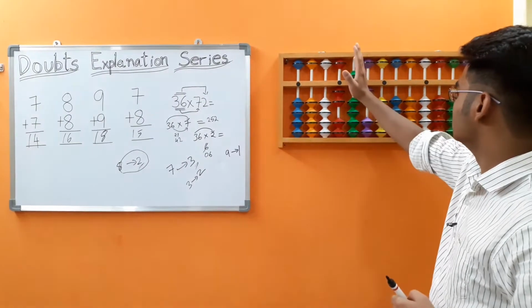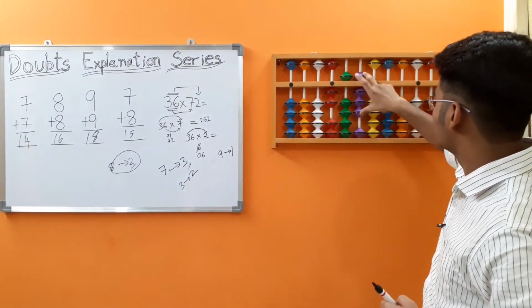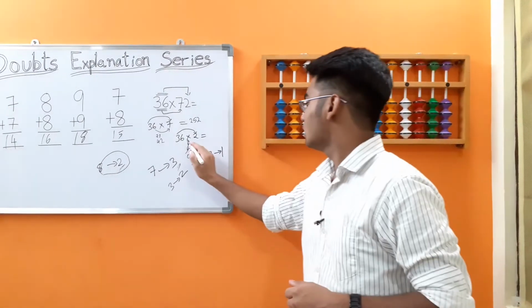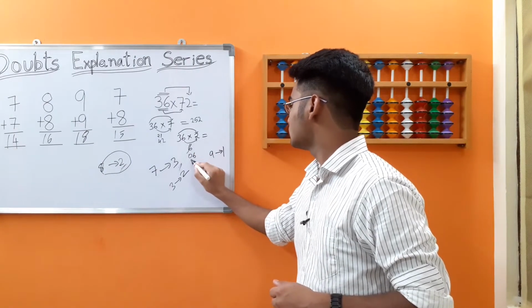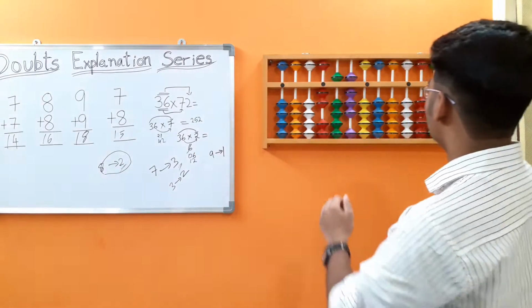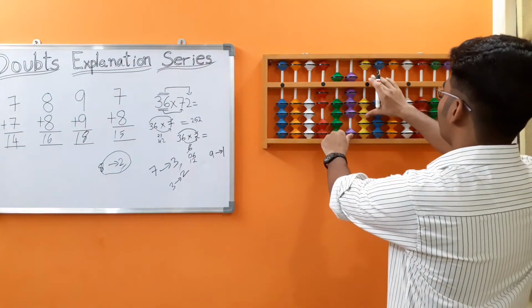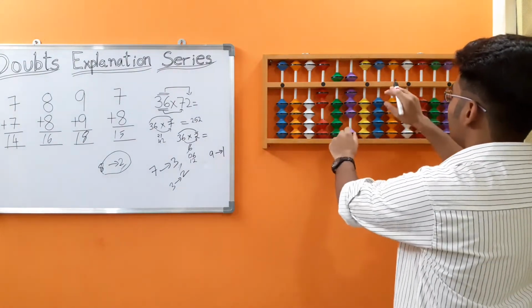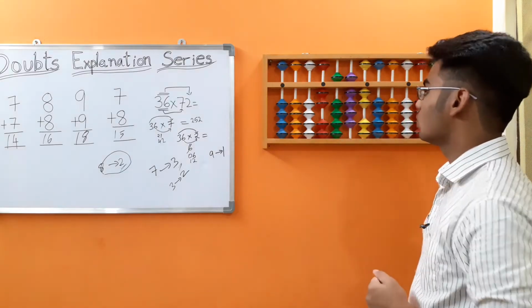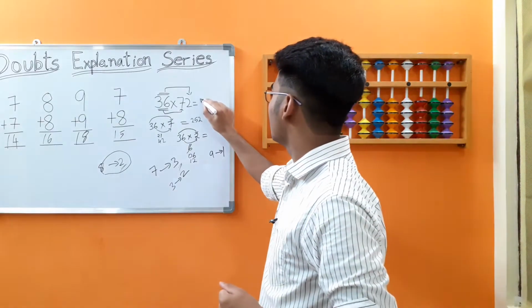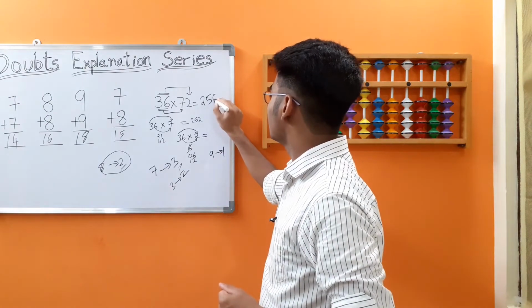Now 0, 6, right? 6 into 2 is 12. Place 12 from the tens rod. We can add 12 directly because we have enough bits. I've added 12 directly. Got the answer as 2592.